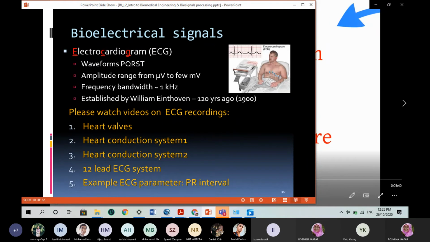A group of scientists from Japan proved that using photoelectric signals, we can measure oxygen saturation from the blood. Since then, PPG signals have been used tremendously, and for the ECG signals, Einthoven is the father.